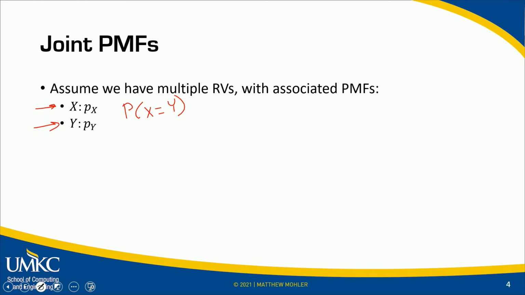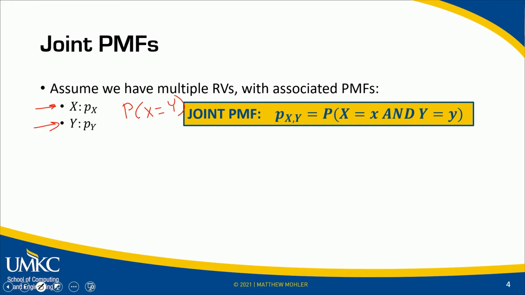So the joint PMF is ultimately a probability mass function of multiple random variables. In this case, we'll look at an example of two random variables, where we have a probability mass function of the random variables x and y. Both of those, again, are random variables.